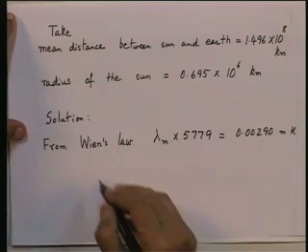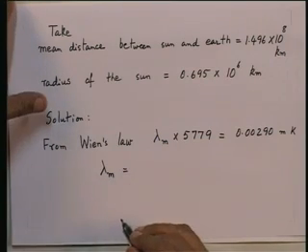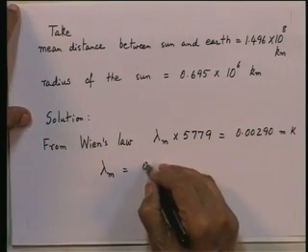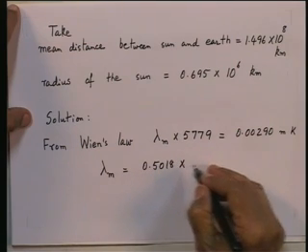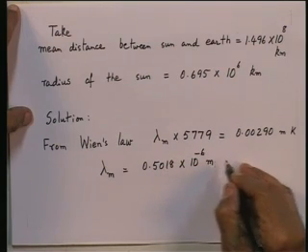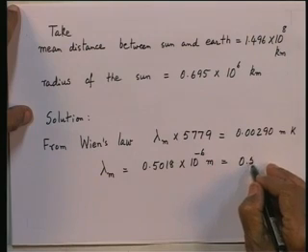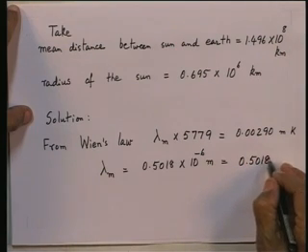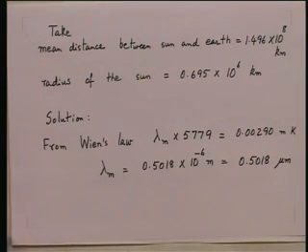Okay. Therefore, lambda m from Wien's law straight away comes out to be 0.5018 multiplied by 10 to the minus 6 meters, or if I multiply this by 10 to the power of 6, it is 0.5018 microns, micrometers. So, that is the value of lambda m.